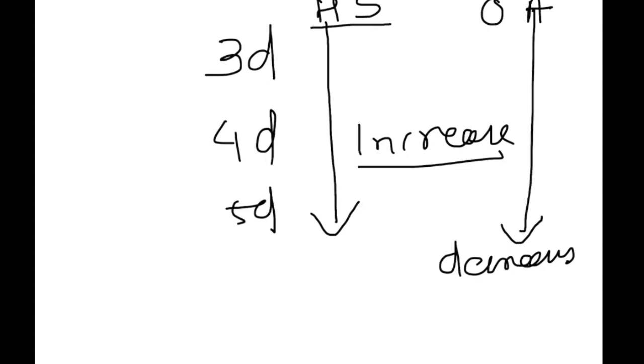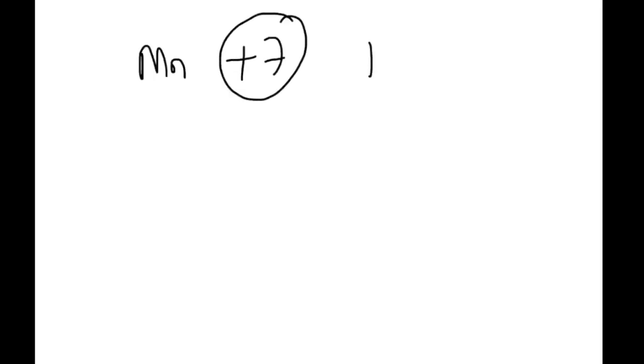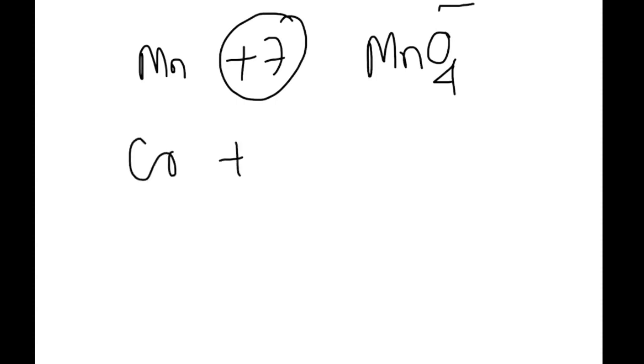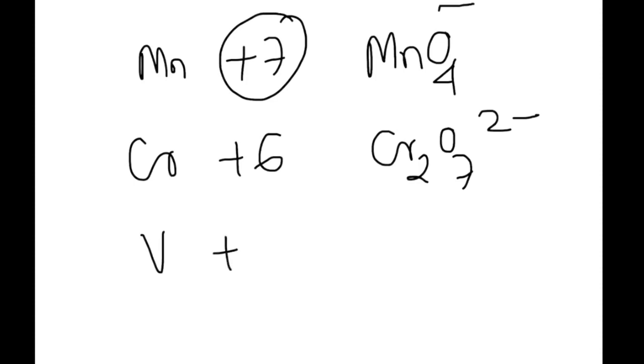Again, manganese shows maximum +7 state in MnO4 2 minus, MnO4 minus. This is for manganate. Chromium shows maximum +6 state in dichromate or chromate. Vanadium shows maximum +5 state in VO2 plus.